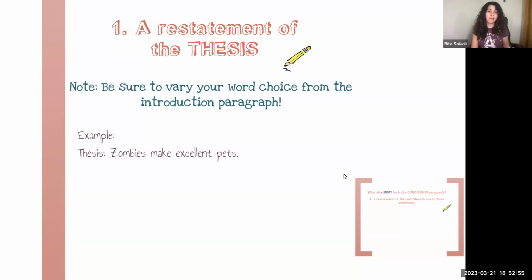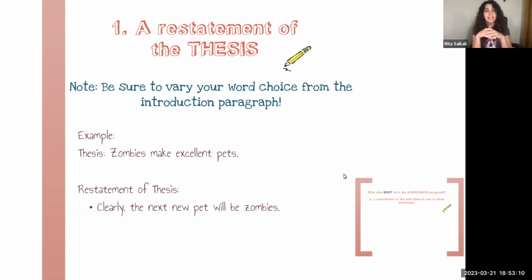For example, if our thesis is zombies make excellent pets, then our restatement would be, clearly the next pet will be a zombie, right? So you see that it's the same idea. Zombies make excellent pets. That's why you need a zombie. Does that make sense? Yeah?